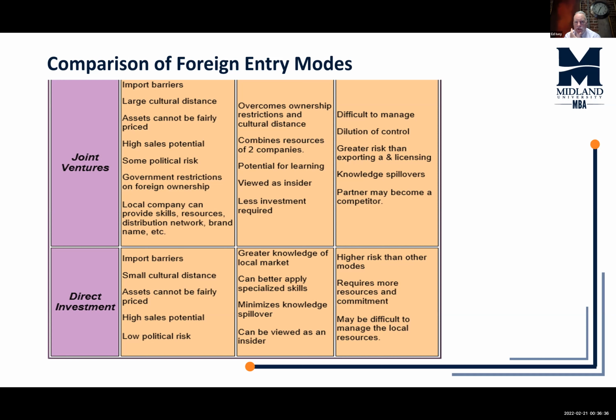So what are some advantages? It overcomes that ownership restriction and cultural difference. Obviously, it allows you to combine the resources of the two companies to have an improved playing field, because now both companies are working together in that joint venture.